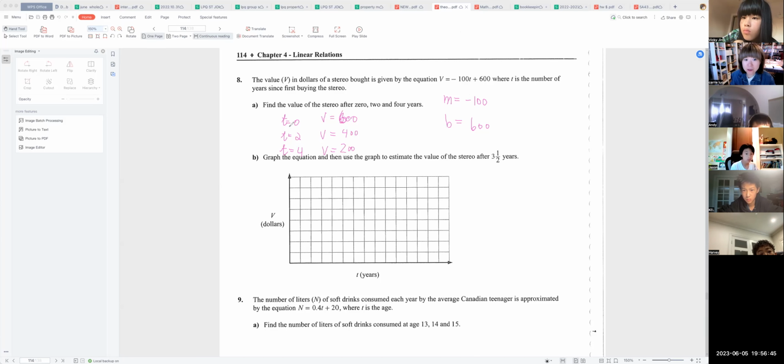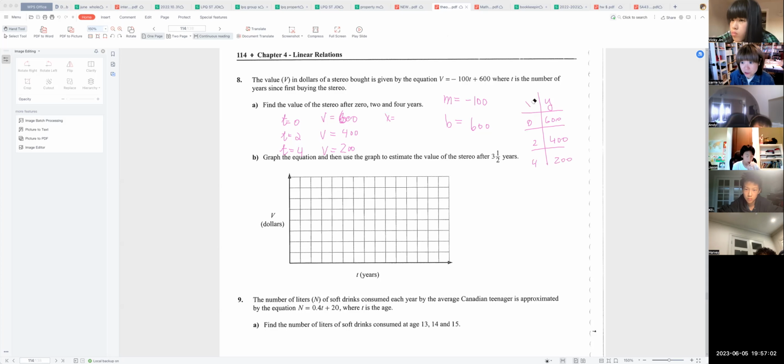Okay, so everybody, if you feel not comfortable doing that, this is actually the same thing as when you have X and Y, you make a table. So 0, 600, and 2, 400, and 4, 200, right?